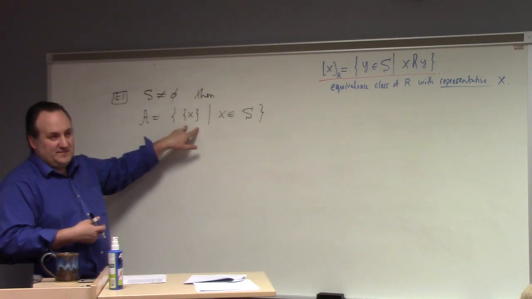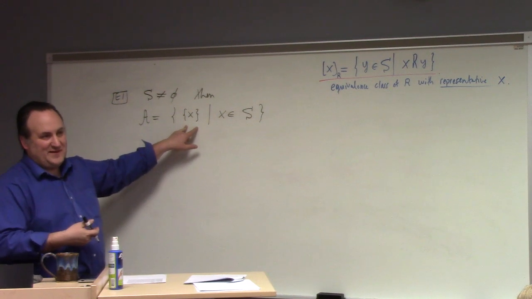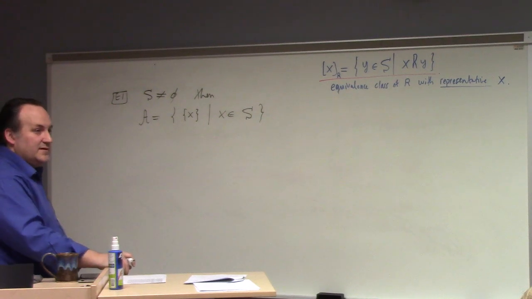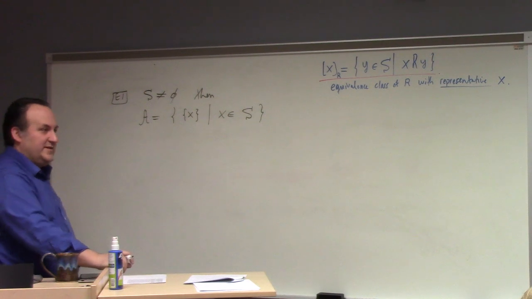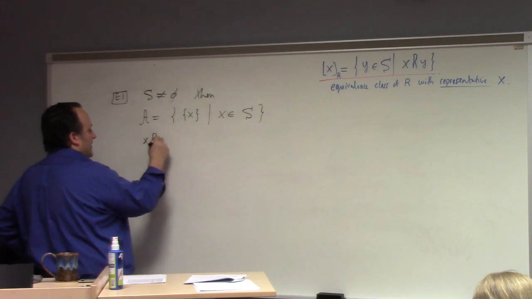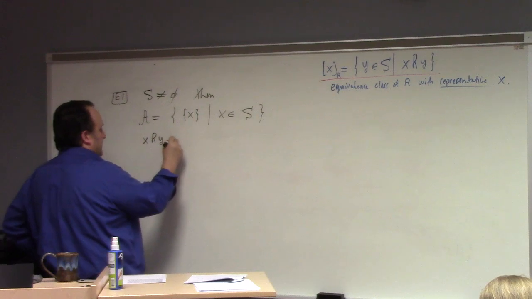Is there intersection? Definitely they only intersect if it's the same subset. The only way they can intersect is if we're talking about the same point, the same singleton. And yeah, this is a partition. What's the corresponding equivalence relation here? What are we saying? x is related to y if and only if what?